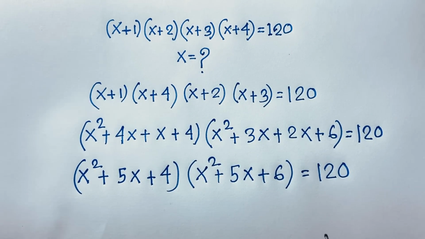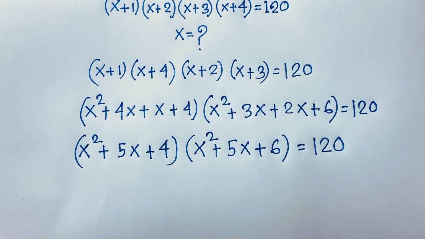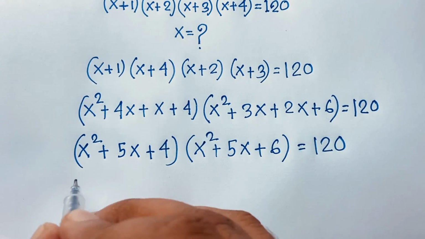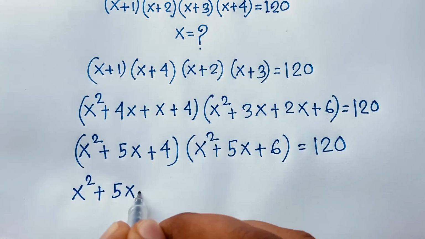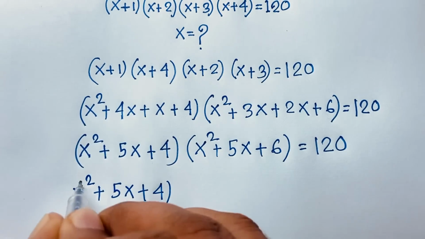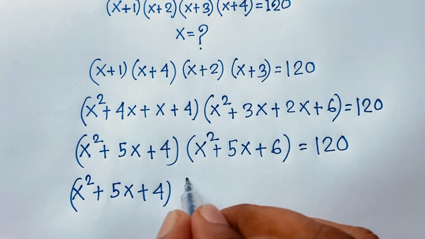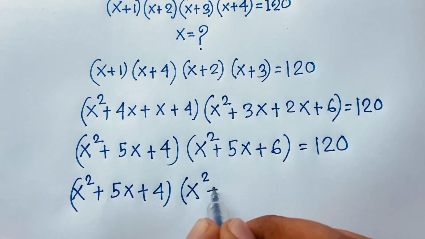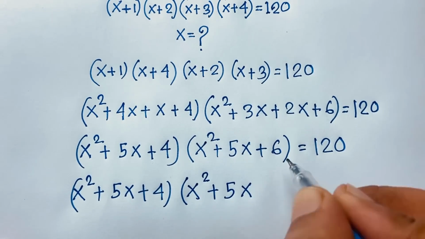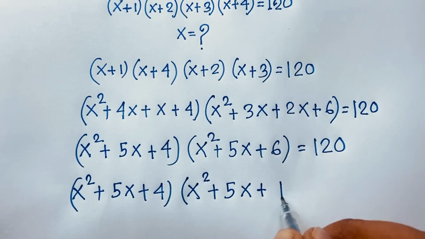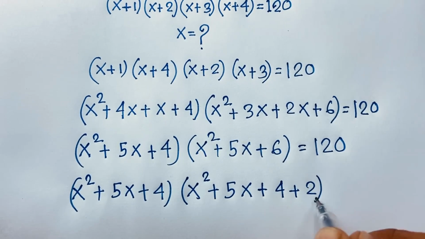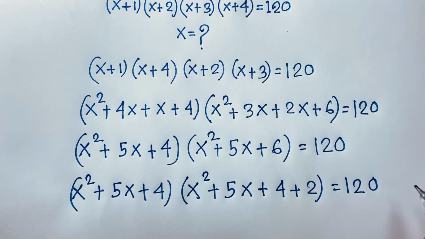Then I can see this expression here, x squared plus 5x plus 4, times x squared plus 5x plus 6, and this 6 is 4 plus 2, so I write 4 plus 2 is equal to 120.